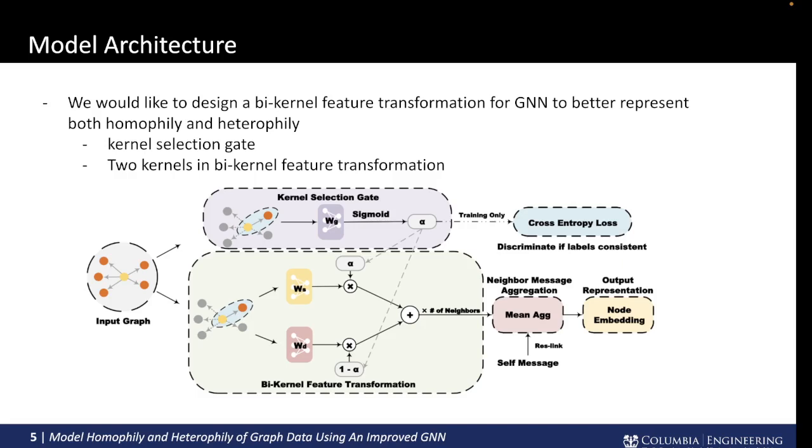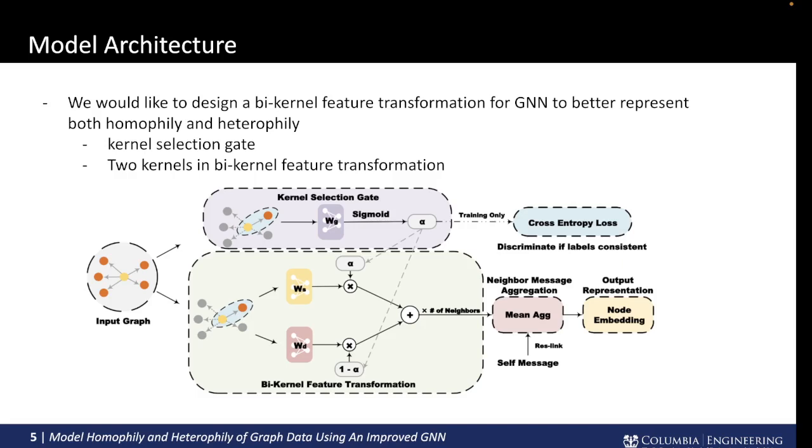Here's the overview of our method. Our model has two main modules: the kernel selection gate learning and the bikernel feature transformation. The learning process of the kernel selection gate receives input graph information and outputs selection signal alpha to discriminate if the neighbor node labels are consistent.